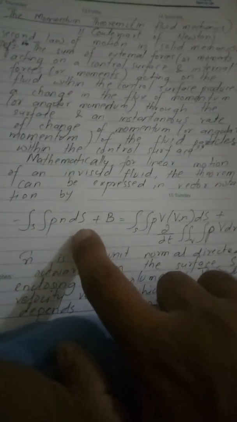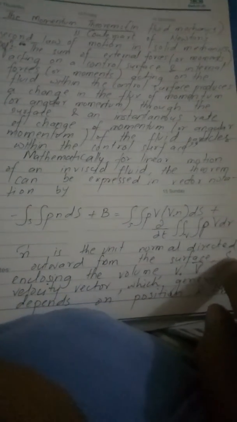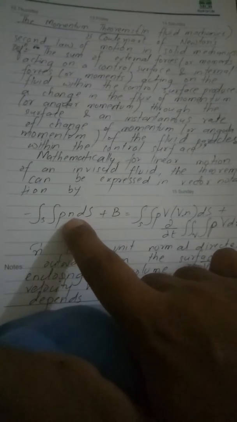Whenever there is a surface S, it is taken as a derivative dS, and there is n, the unit normal directed outward from the surface.